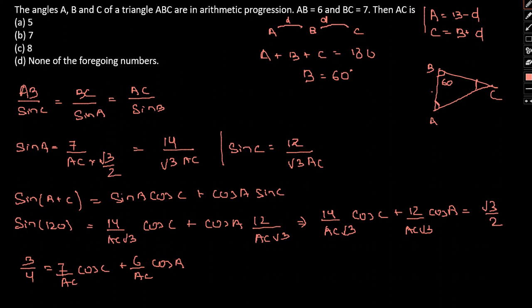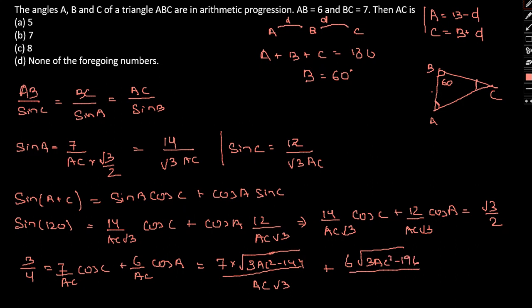Now this can further be written by putting the value of cos C, so it will be 7 into root of 3AC square minus 144 by AC, plus 6 into root of 3AC square minus 196 divided by AC root 3.